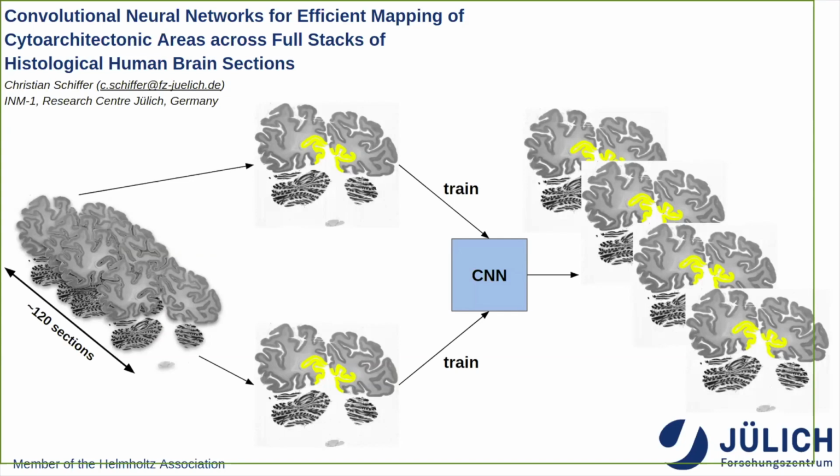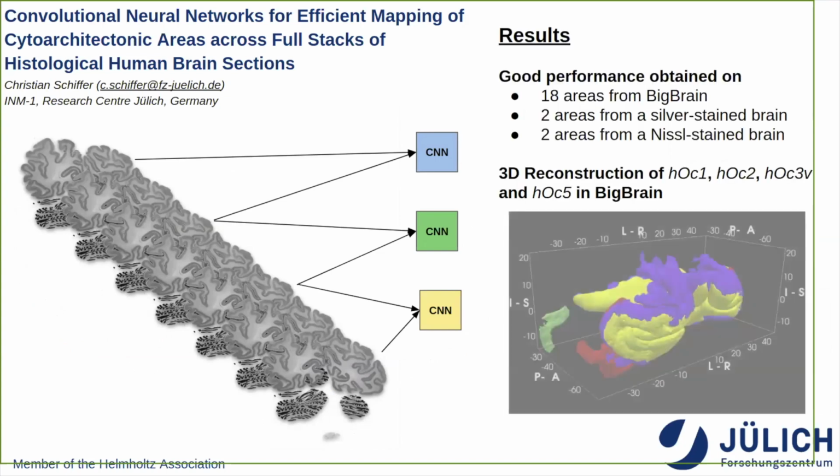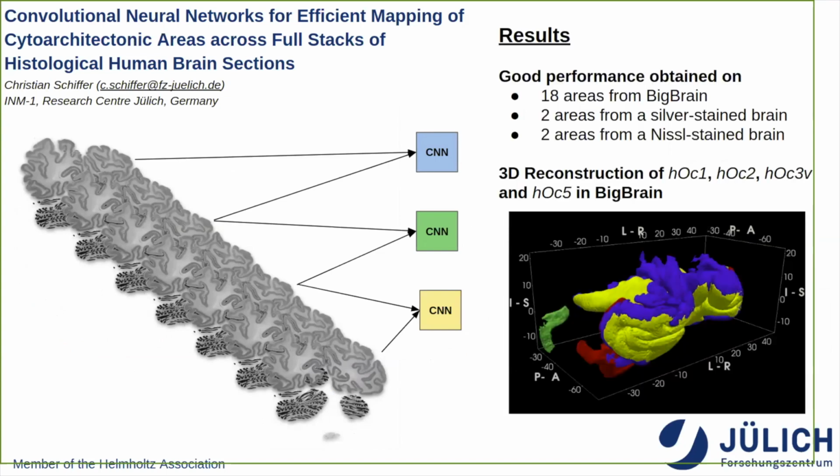119 sections automatically. When we can solve this small task, we can go up again and train one specialized CNN model for each local substack of sections. We already applied this method to 18 areas in the BigBrain and also to other areas in 2 different brains, one also silver stained like the BigBrain and one nickel stained, demonstrating that this method can also be applied to brains which were processed with different processing protocols.